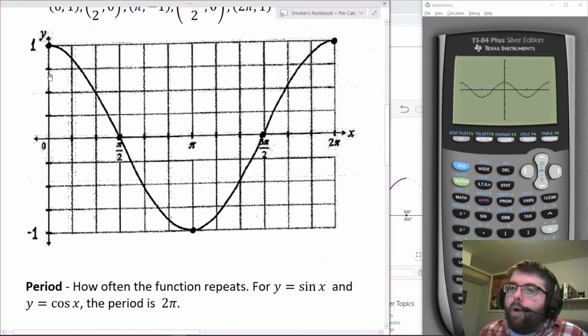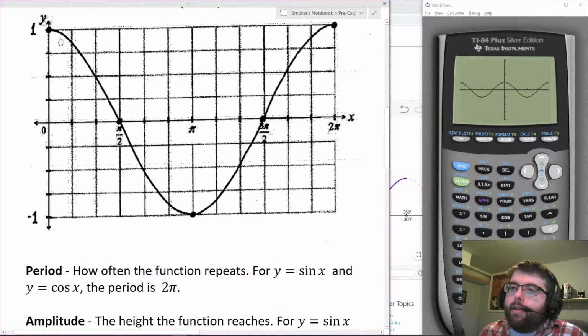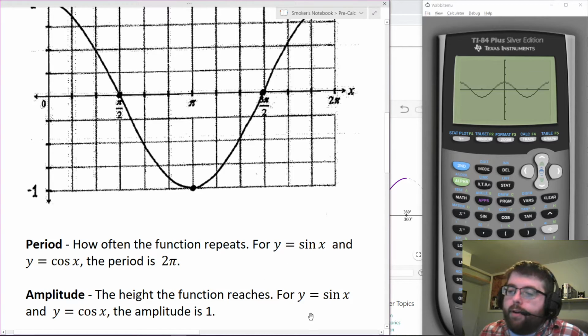So it's going to be 1 when it reaches 1 and goes down to -1. It's going to be 2 if it goes up to 2 and goes down to -2. How do I say this? It's not going to be 2 because 2 is the distance from 1 to -1. It's going to be the distance it is from 0 up and 0 down. Okay, so by default for sine and cosine, the amplitude is 1.